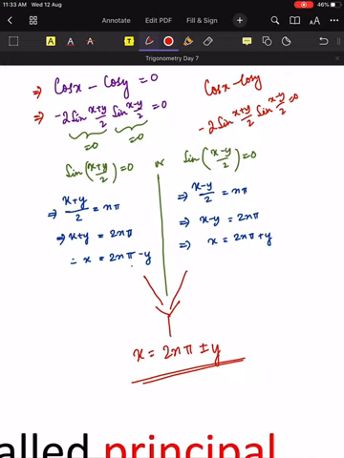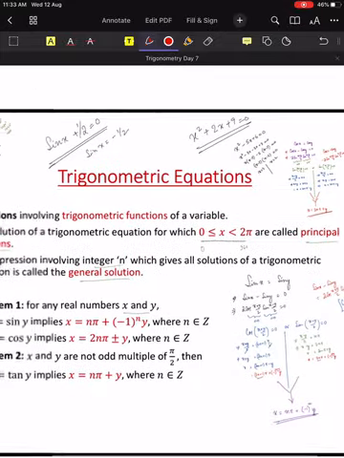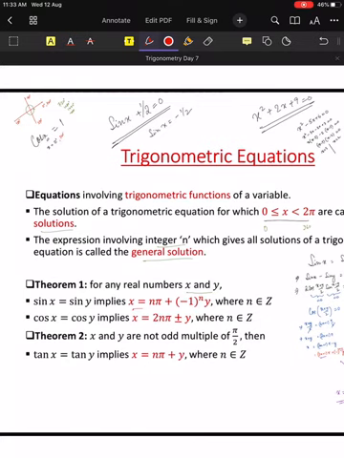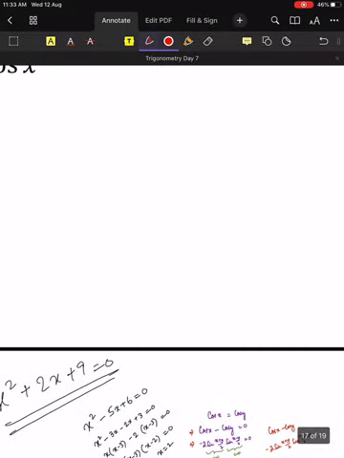Okay, clear? Now we are into the last one. We have x is equal to n pi plus minus 1 to the power n y, and x is equal to 2n pi plus minus y when n is an element of Z, and the last theorem is tan x and tan y. So let's do that one.